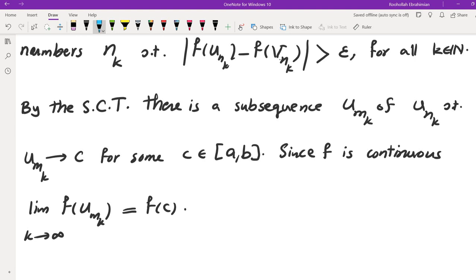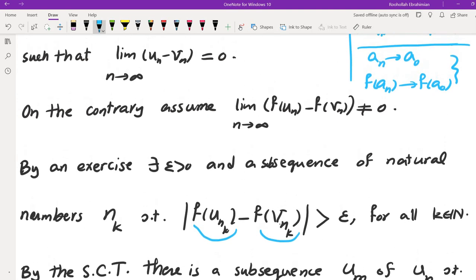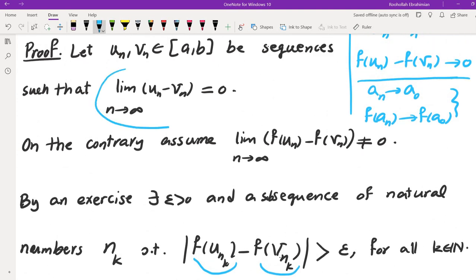So we know that this one, at least a subsequence of it, approaches f of c. But how about this one? If this also approaches f of c, then that would be problematic. If we think about the condition that we had at the beginning, I haven't actually used the fact that u n and v n are close to each other.